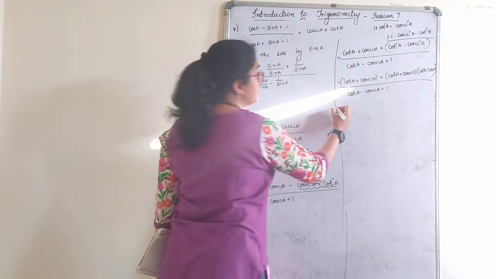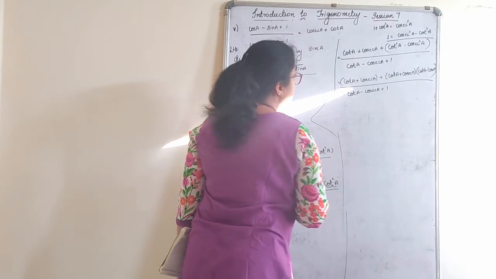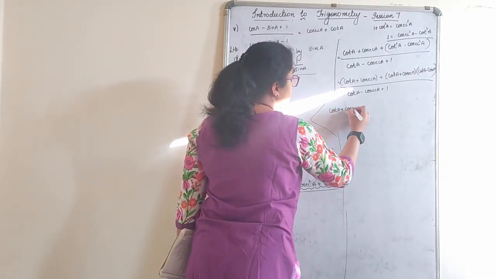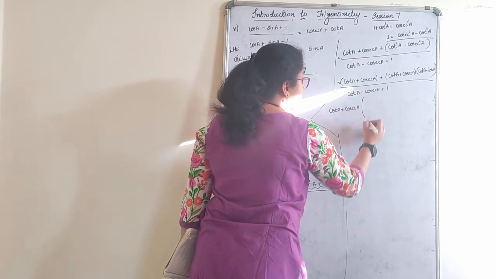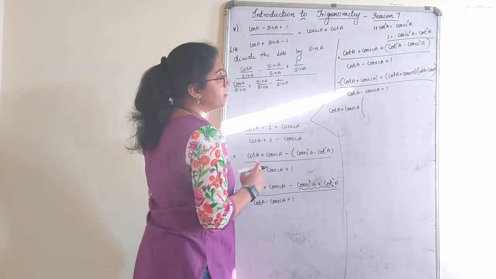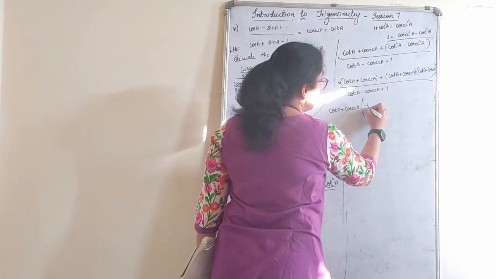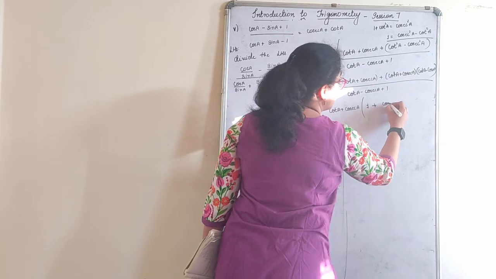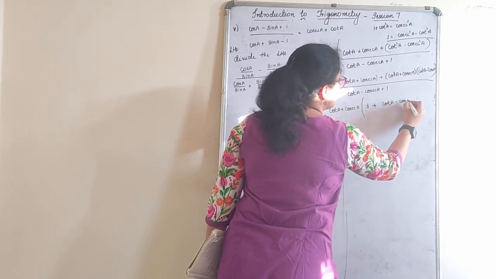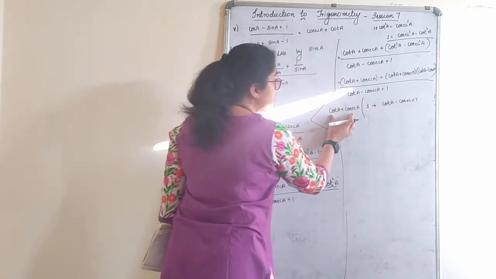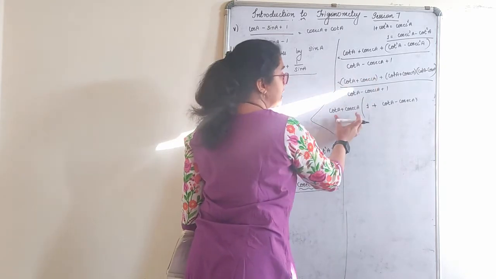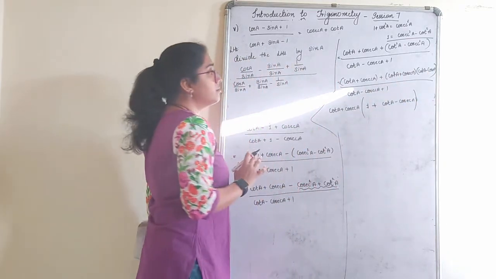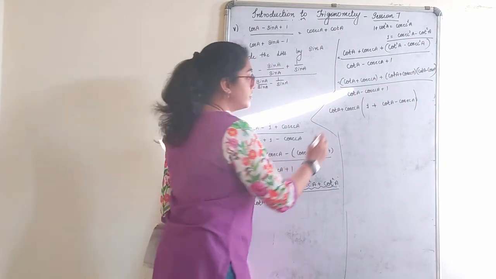Numerator, what is common? Cot A plus cosec A is common. If cot A plus cosec A is common, what has remained inside? 1 plus, this is already common. What do I have to write? Cot A minus cosec A. Read: 1 into cot A plus cosec A, cot A plus cosec A into cot A minus cosec A. We got it?